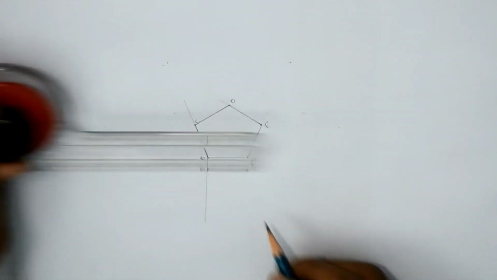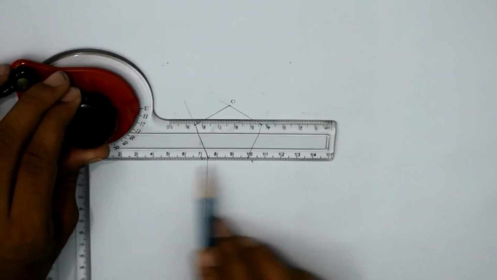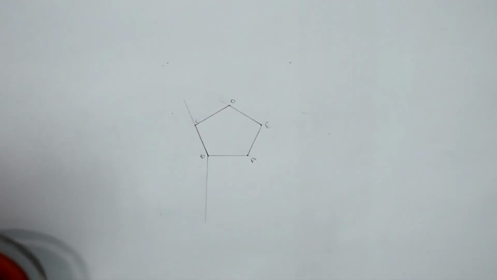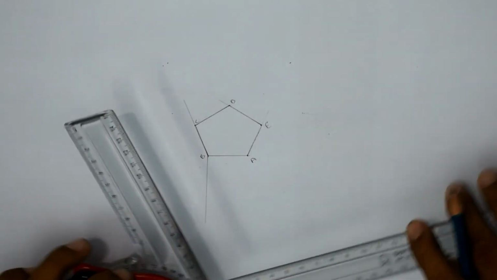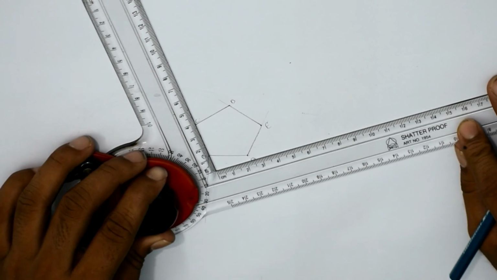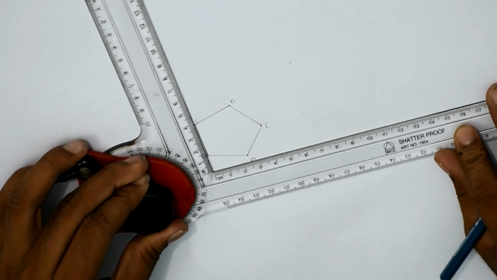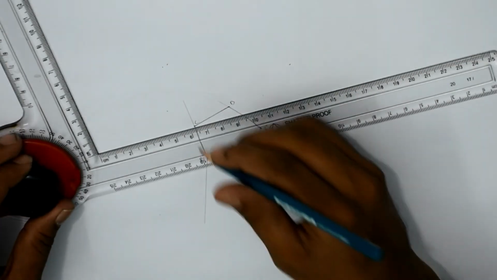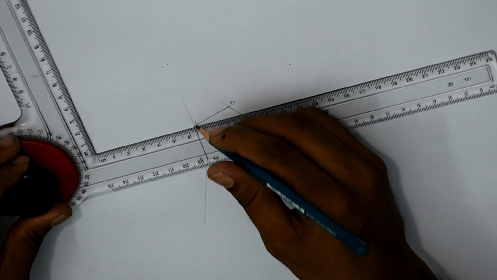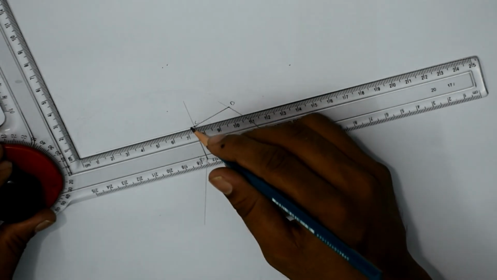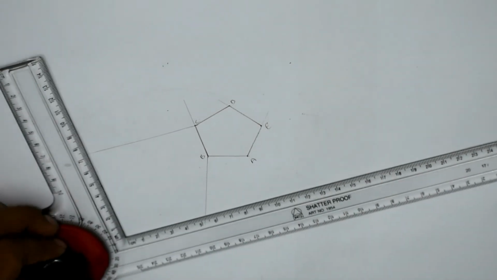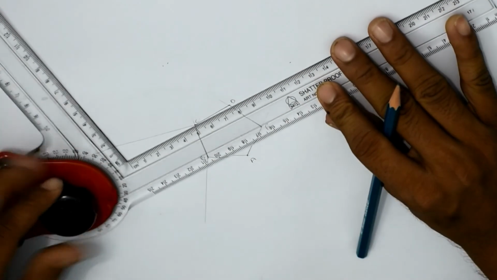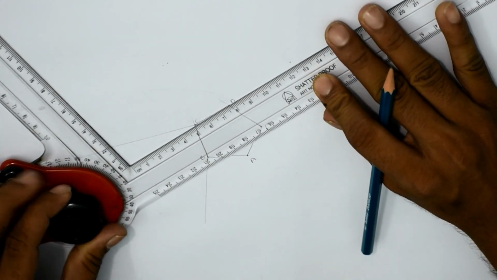Downwards from the B. See, this is the B line. This scale is aligned with AB, and I have to use this scale. Now I have to align the scale with BC. See, it is aligned with BC, but I have to draw the perpendicular with this scale and starting with C. And I am now aligning with CD.